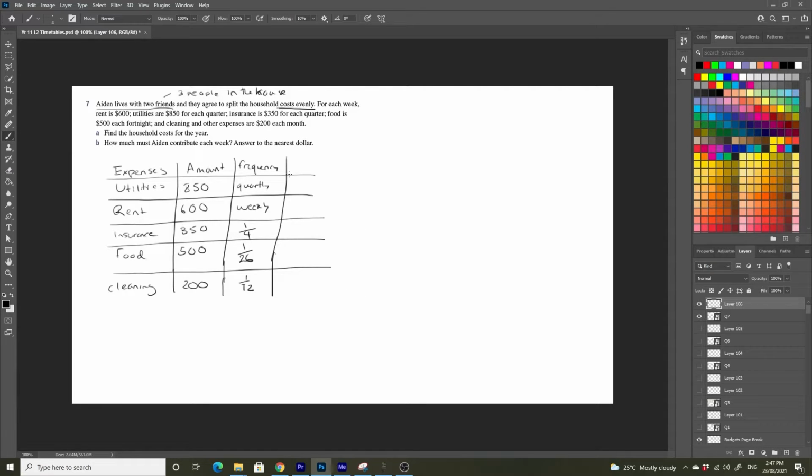So we need to get all of these expenses into a common time period. The first question asks us to find the household costs for the year, so the common time period we'll use is yearly cost. If something is 850 quarterly, then that means every 4 times a year we will pay the utilities bill.